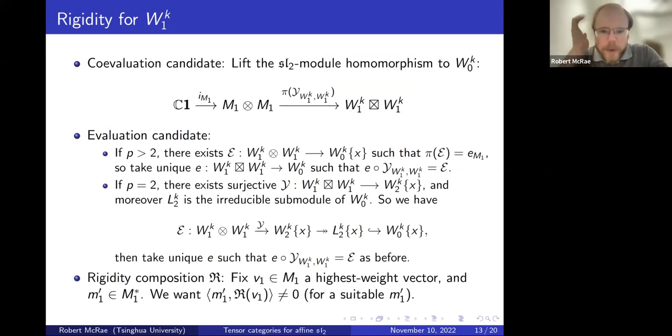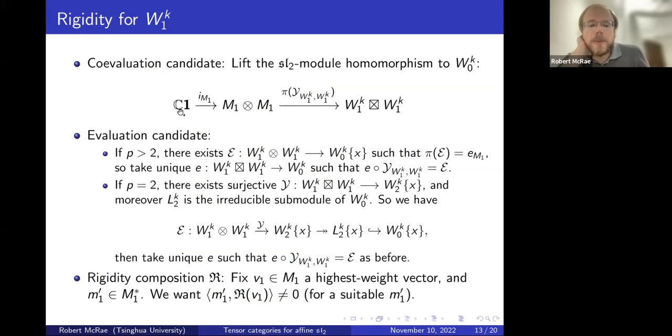So we need a co-evaluation. First of all, the co-evaluation is kind of the easier one to construct because we have this co-evaluation map at the level of SL2 modules. And then I said we had this pi of y map, which takes us from the tensor product of these two SL2 modules to the lowest weight space of this tensor product module for SL2 hat.